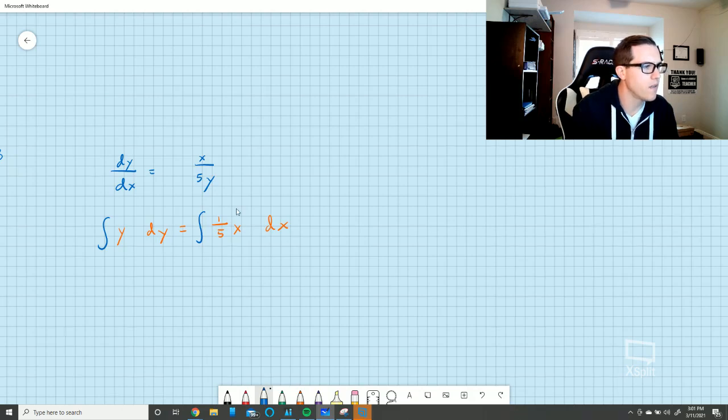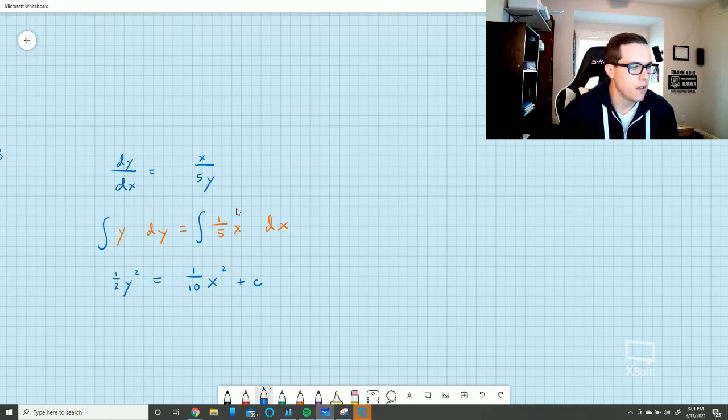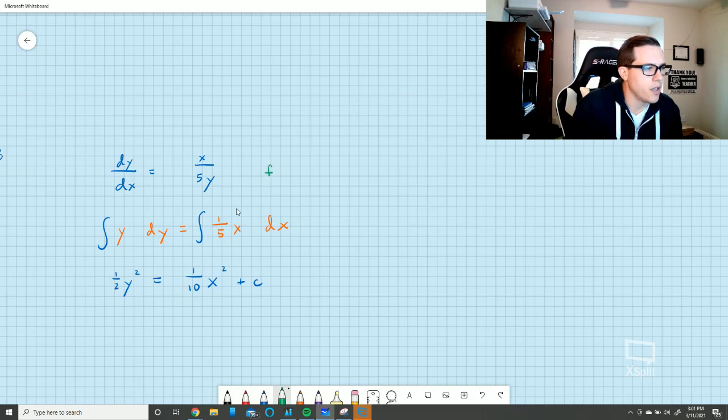So the antiderivative of y is 1/2 y squared. Antiderivative of x is x squared with a 1/2 and the 1/5 that's already there, so 1/10 plus c. And I didn't give you an initial condition, so let's say the initial condition is f of 10, why not, equals 4.